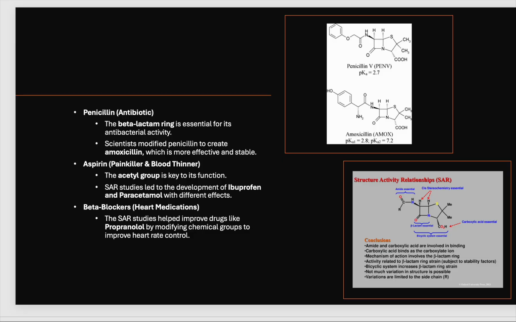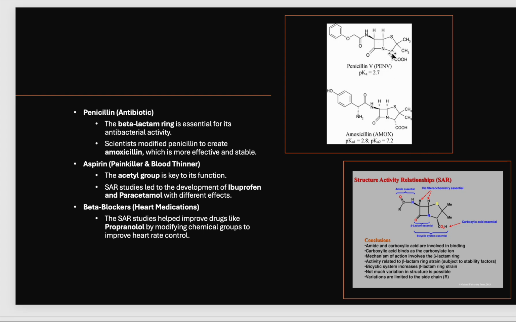For example, let's see the SAR of penicillin. So what we knew about penicillin is it has a beta lactam ring, which is very important for its activity. Scientists did a SAR on penicillin, and they modified penicillin to create amoxicillin, which is much more effective and stable.